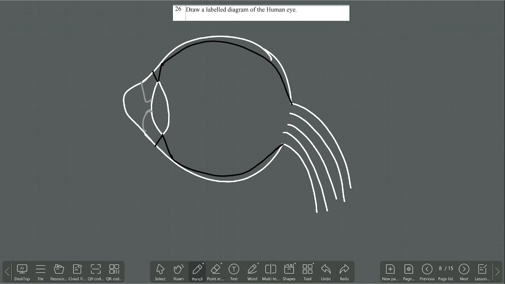Clear? So once you have drawn the parts, afterwards we need to label them.